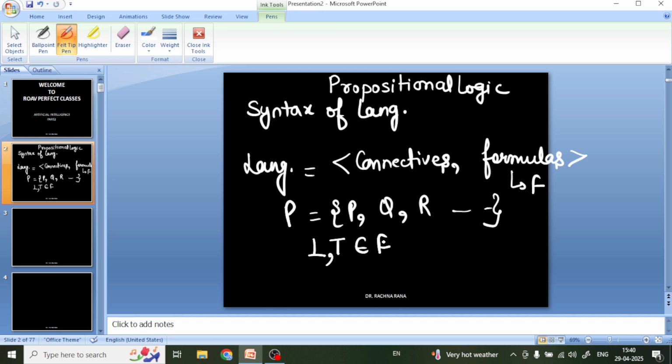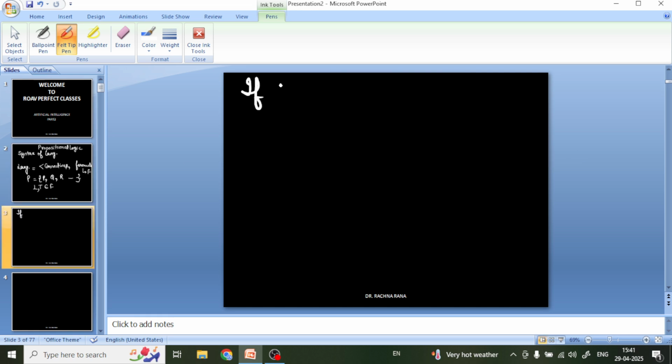If alpha belongs to the set of formulas, then the expression not alpha belongs as well.